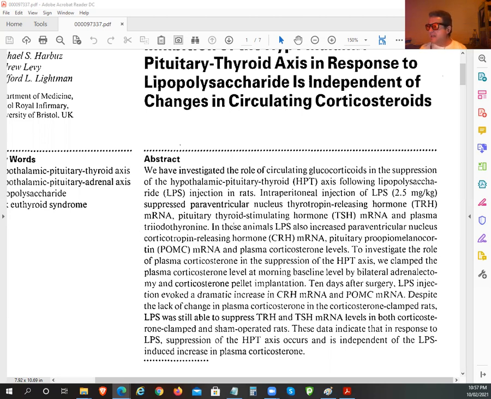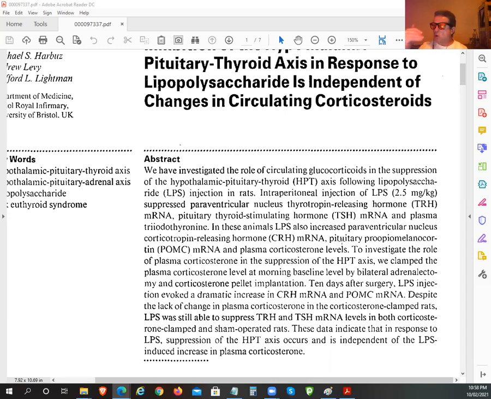thyronine. In these animals, LPS also increased periventricular nucleus corticotropic releasing hormones. So it had an effect in releasing those, but that didn't actually improve the pituitary or the hypothalamic release of those other hormones, which are important.